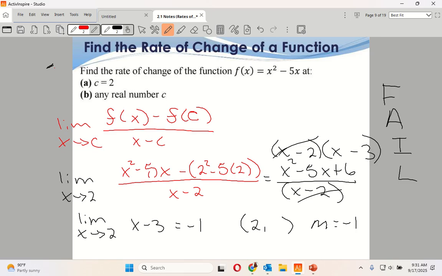And on the test, will we need to state that, oh, at this point the slope of that point is, do we just state that, or do we just put that? Or you could, what was the notation yesterday? F prime of 2 equals -1.